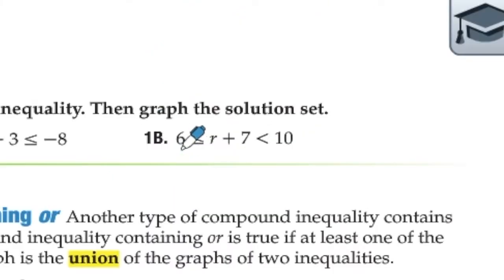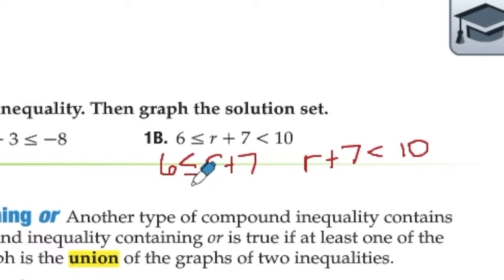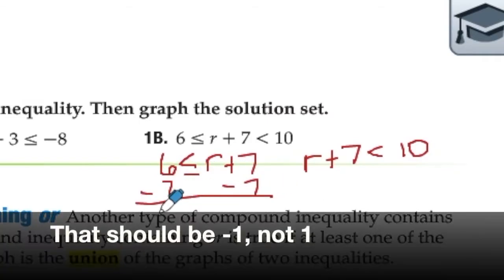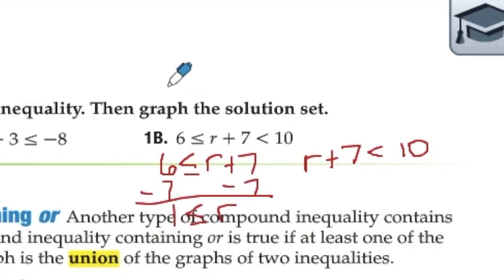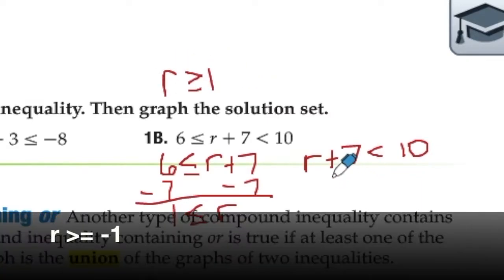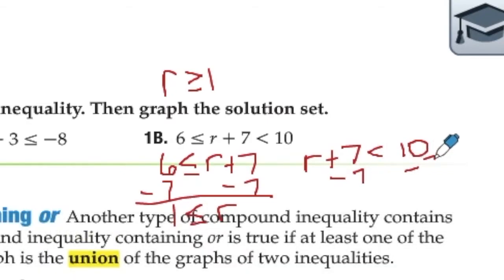For 1b, we're going to split that into two separate inequalities. So we have 6 is less than or equal to r plus 7, and we also have r plus 7 is less than 10. We will subtract 7 on the first inequality and get -1 is less than or equal to r. Another way to write that is r is greater than or equal to -1. And on the second inequality, subtract 7, r is less than 3.